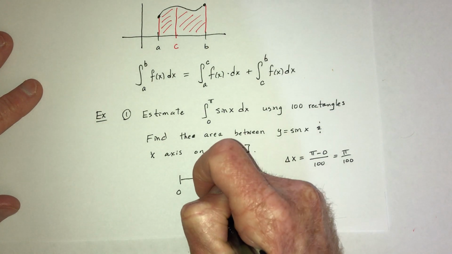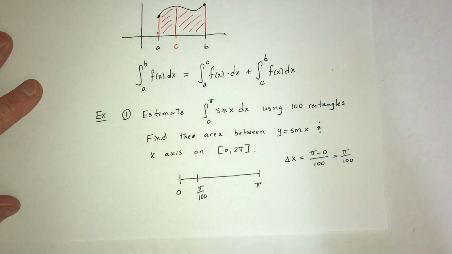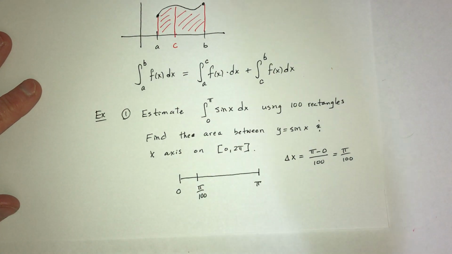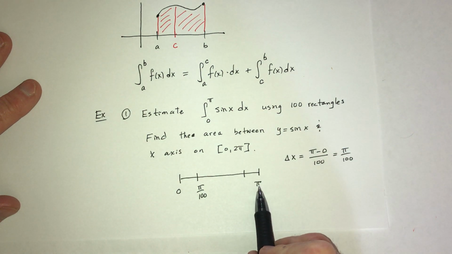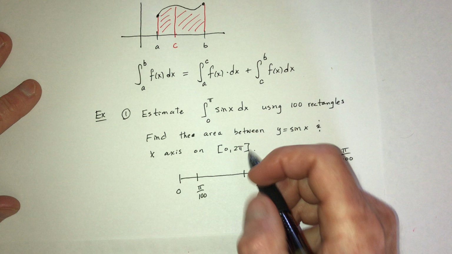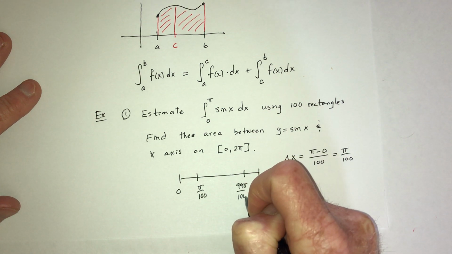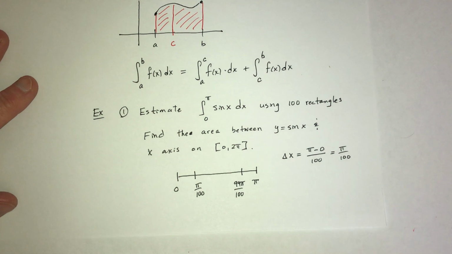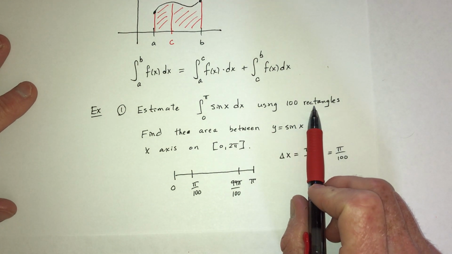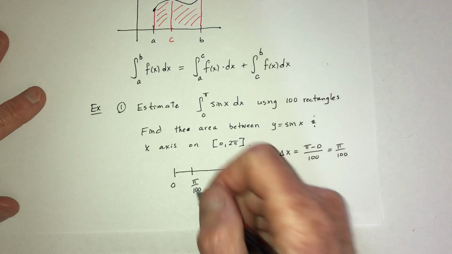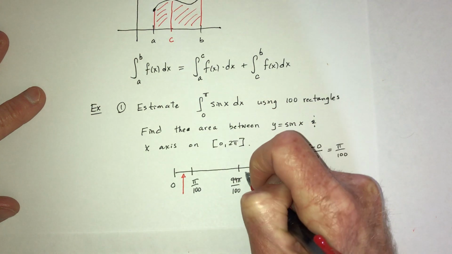That means this first interval goes from 0 to pi over 100. For the last interval, this would be 100 pi over 100. So if you move over, this is going to be 99 pi over 100. And in here, I forgot to specify, so I'm going to use the midpoints. That is the more accurate way to do it, so I'm going to use midpoints.